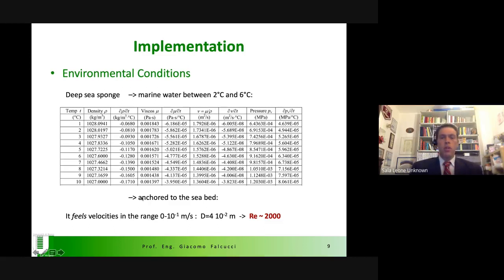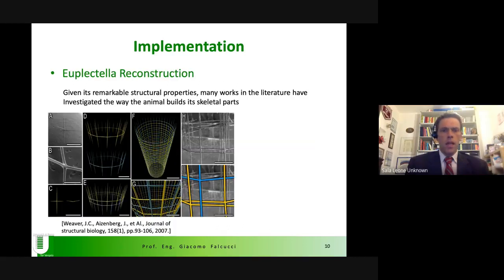The sponge is anchored to the seabed, so it normally experiences velocities in the range of 0 to 10 centimeters per second, 10 to the minus 1 meters per second. Given that its diameter is in the order of 4 times 10 to the minus 2 meters, we deal with a Reynolds number in the order of 2,000. These are the standard environmental conditions of this organism.